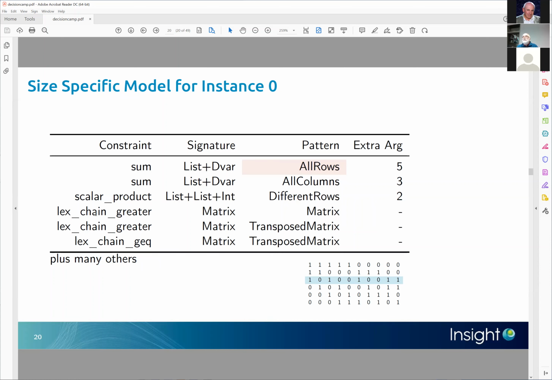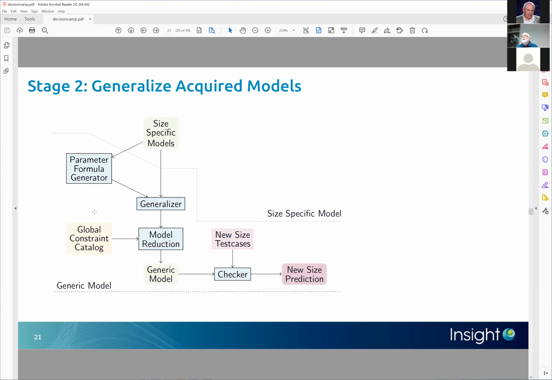And there are some other things that hold. If you are into constraint programming, you will think, yeah, I know this. These are symmetry breaking constraints that are applied to basically reduce the number of solutions that you need to look at. Well, this would be a size-specific model.